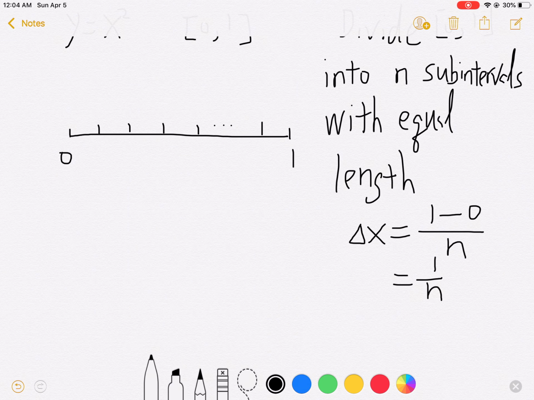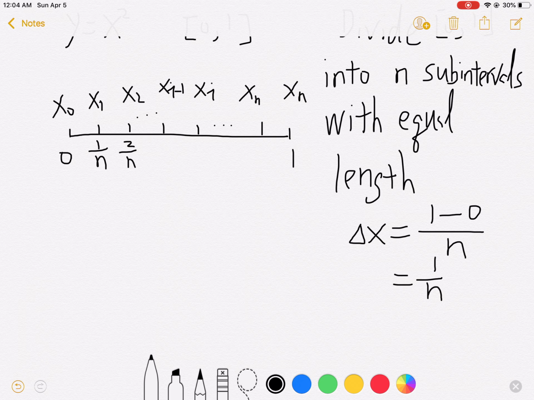So if we denote this as x naught, this is x1, which would be 1 over n, x2 is 2 over n, right? If you continue, this is x sub i minus 1, this is x sub i, this is x sub n minus 1, and this is x sub n, which is equal to 1. So we can see that x1 equals 1 over n, x2 equals 2 over n.